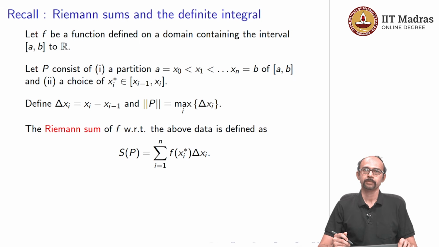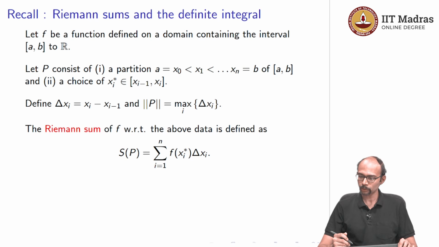As we summed it up, the idea was that this would be some approximation of the area under the graph of f, and of course, this is with f positive. If f was negative, it would be the same thing, but on the other side it would be the area above the graph of f, except that in that case we would be computing the negative of that area.